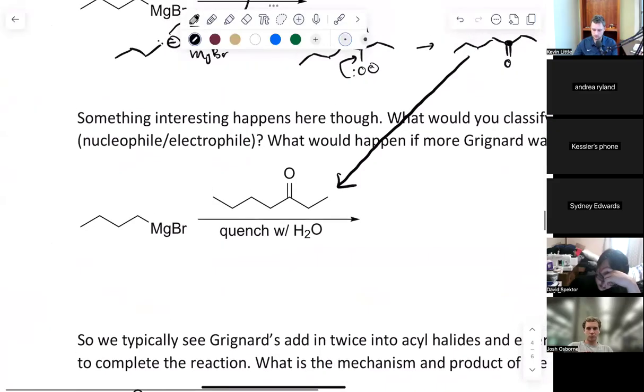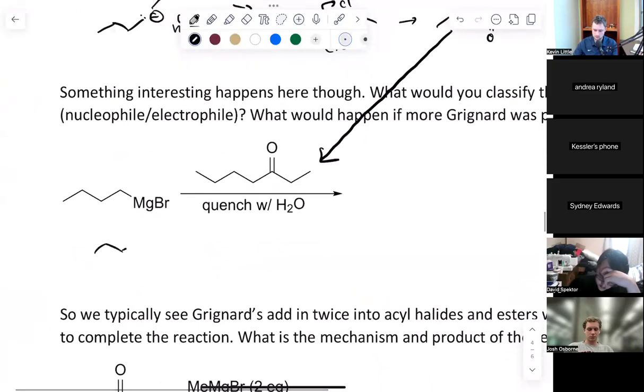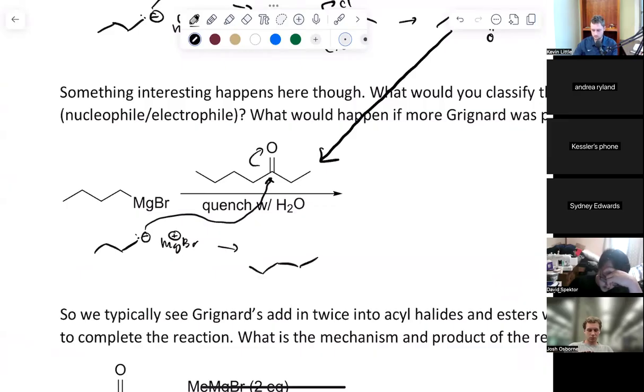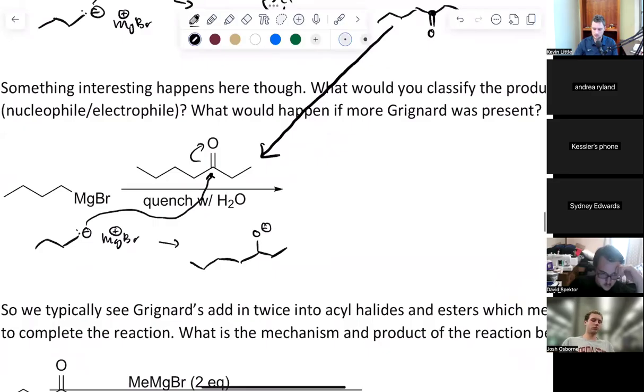All right, so if we do this reaction, it adds in a second time. I just broke a carbonyl. Can it reform? Are there any leaving groups? Oh, sorry. I'm missing something. No, it can't.